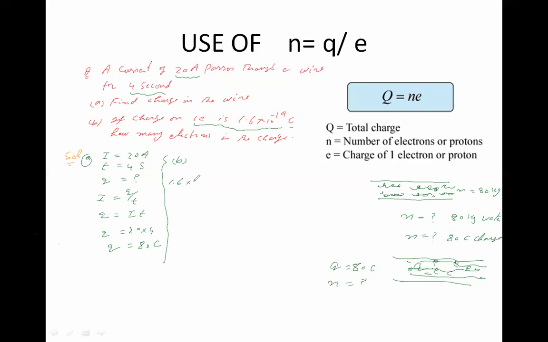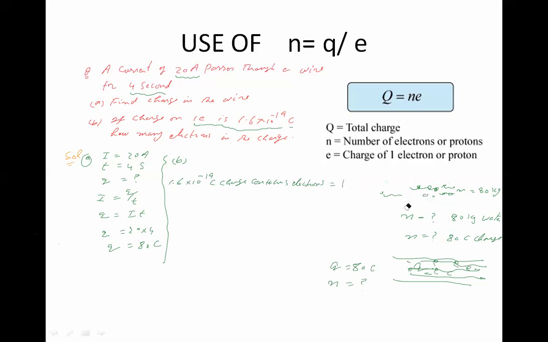1.6 into 10 power minus 19 coulomb charge contains 1 electron. This is given.